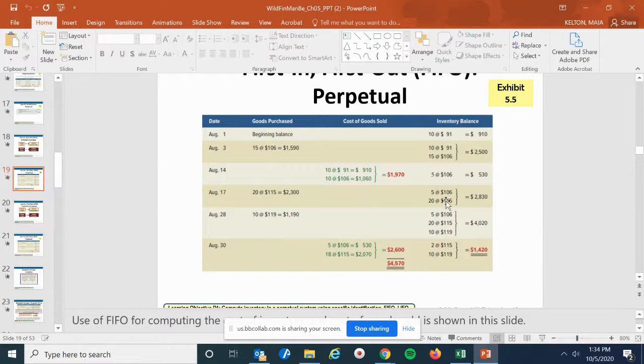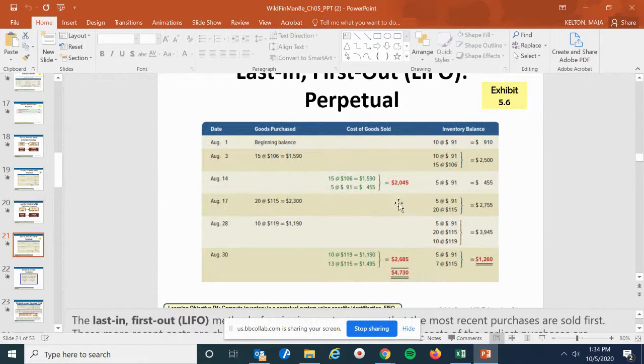And if prices are going up, see how prices are going up, $91 to $119? If prices are going up, then FIFO will give us the lowest cost of goods sold because we are using the oldest and cheapest products. And then I'm going to go back to slide 21. LIFO will give us the highest cost of goods sold because we are using the highest costs of product purchased.